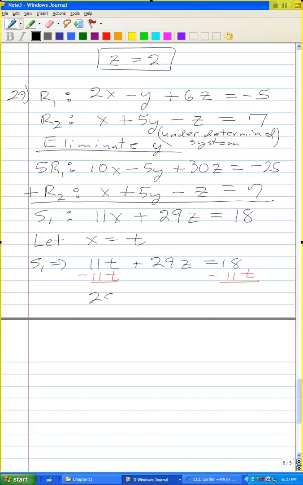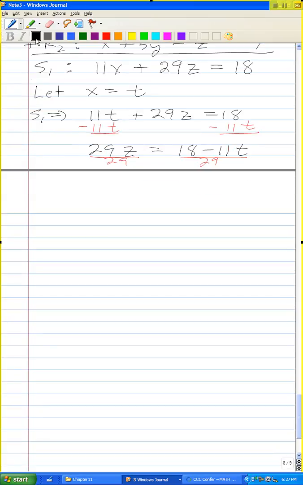So I get 29z equals 18 minus 11t. Divide both sides of your equation by 29. And so I get that z equals (18 minus 11t) over 29.